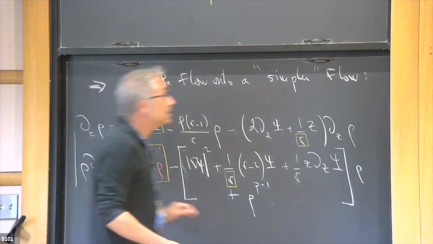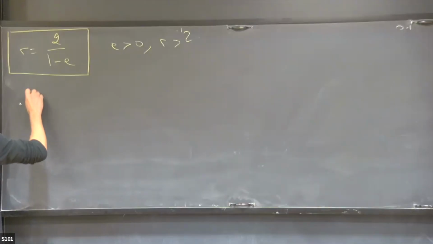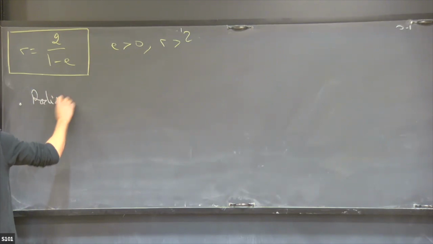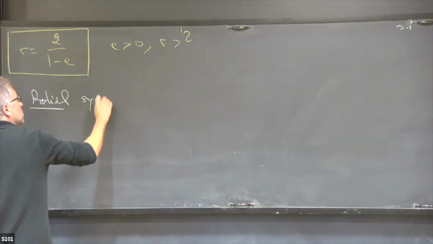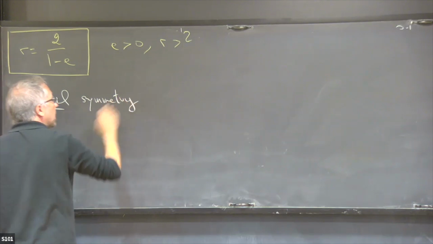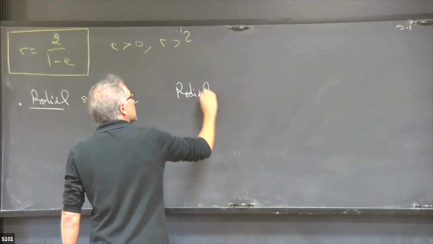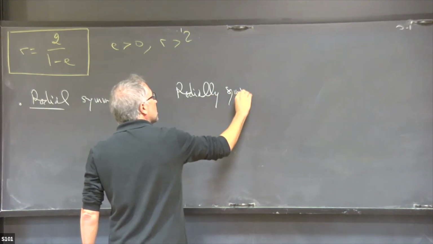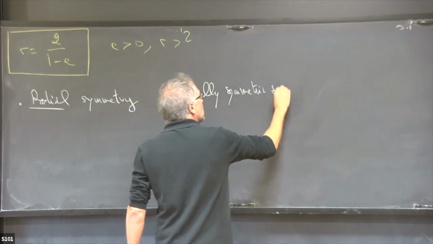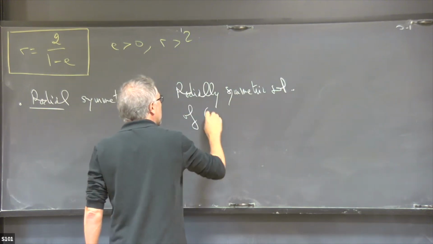So just stay in radial symmetry, because there is no reason at this point to make things more complicated, and just ask yourself, what do I know about radially symmetric solutions of compressible Euler?